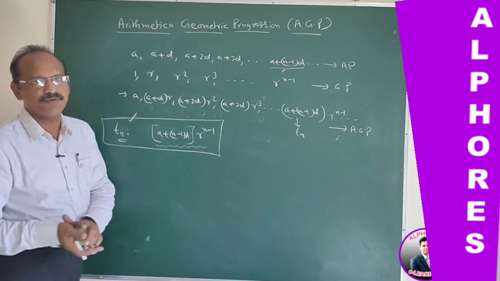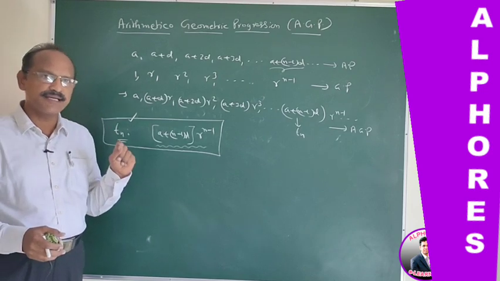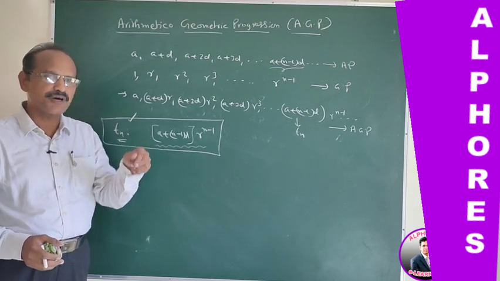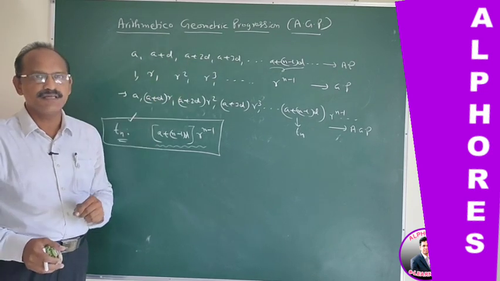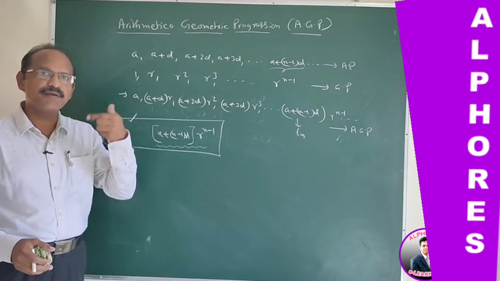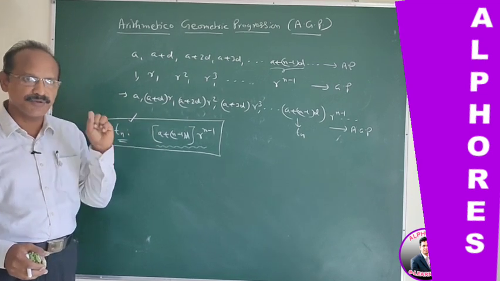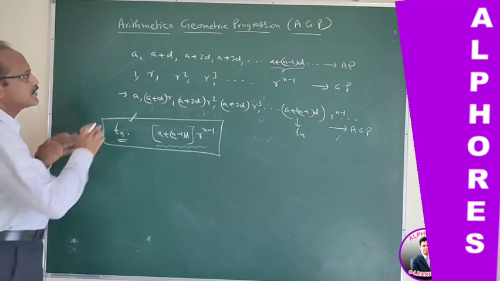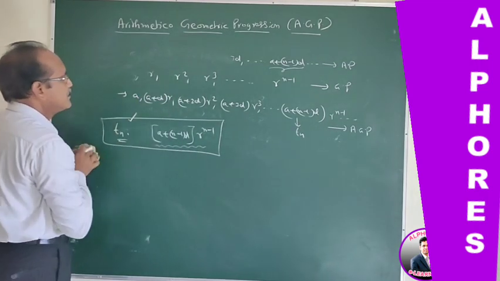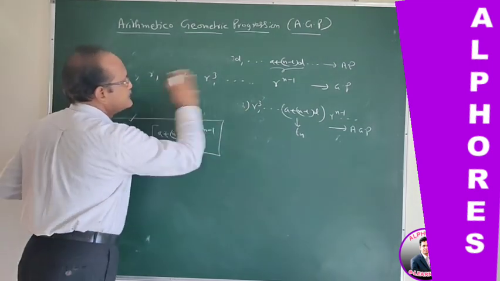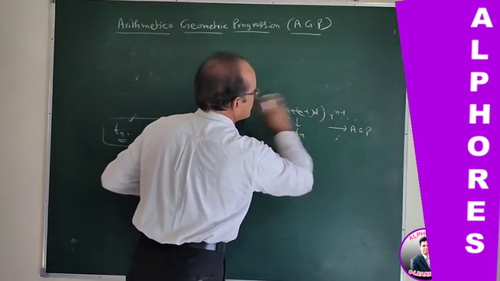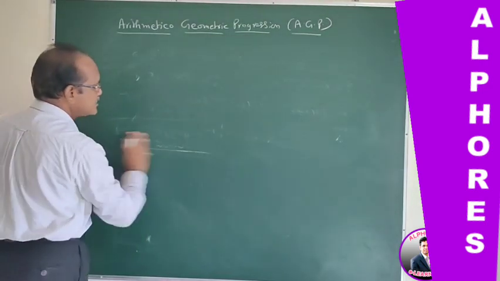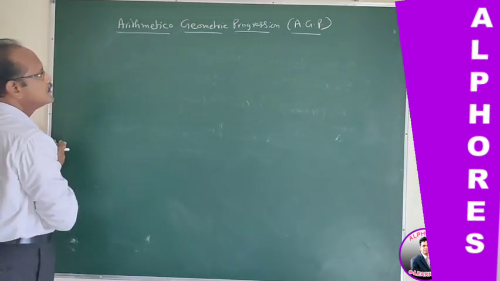Now we are going to calculate the sum to n terms of the AGP series. There is a formula for the sum to n terms of an AGP series. Now we are going to derive that formula. Sum to n terms of an AGP series.